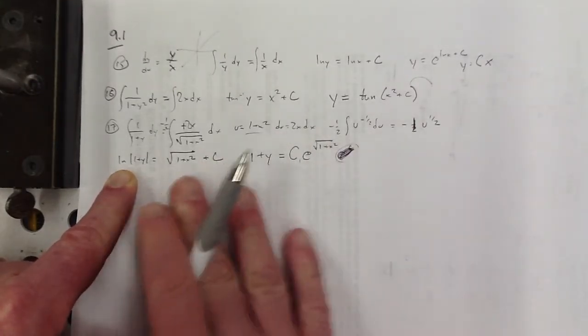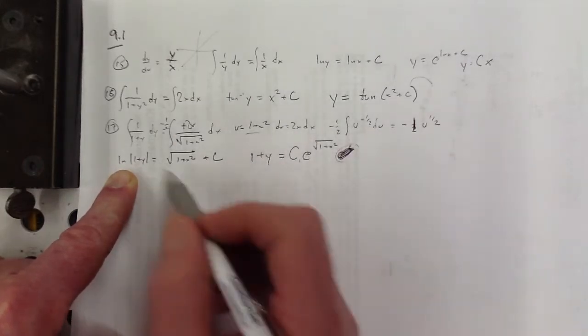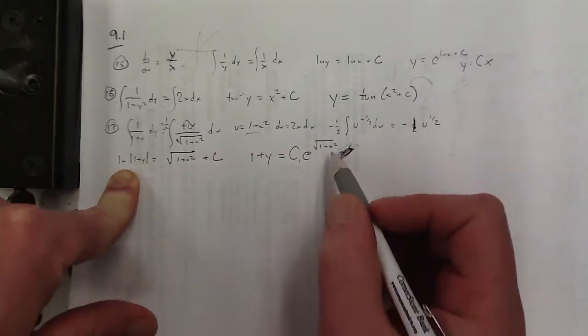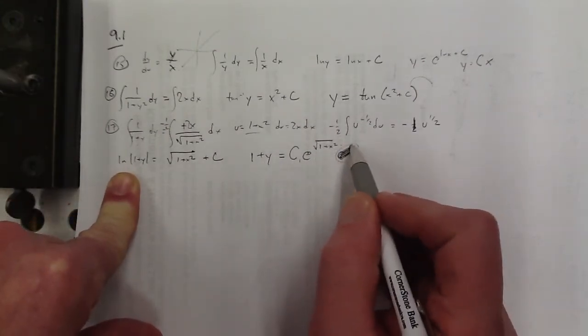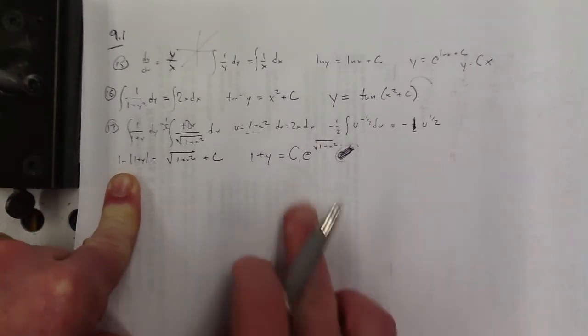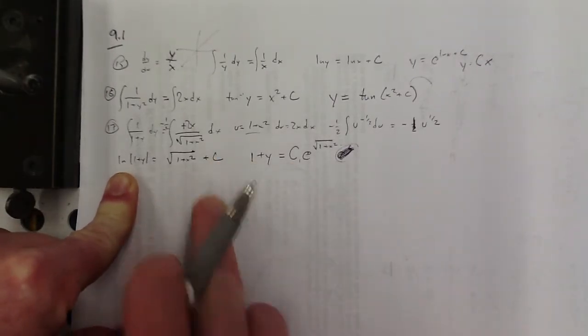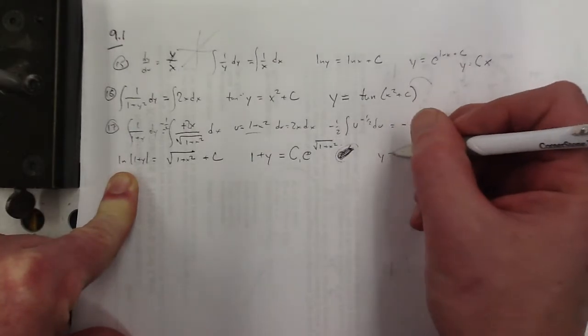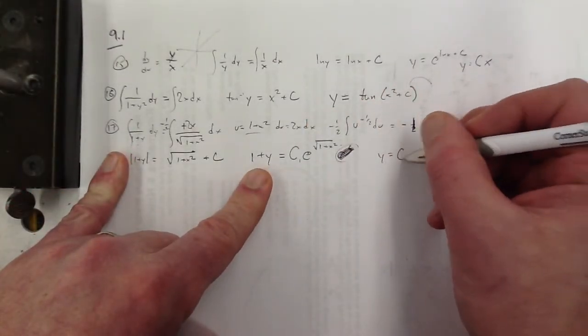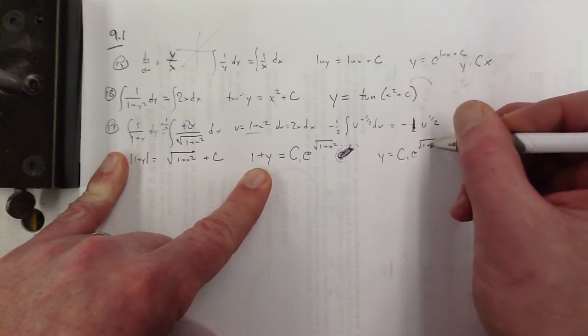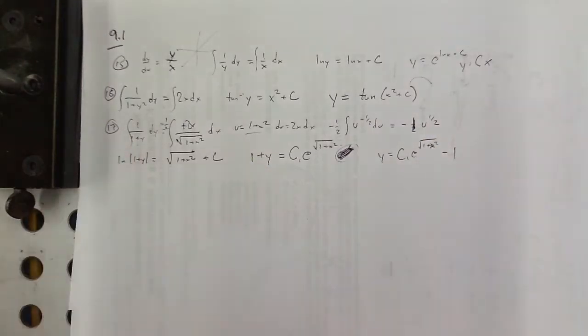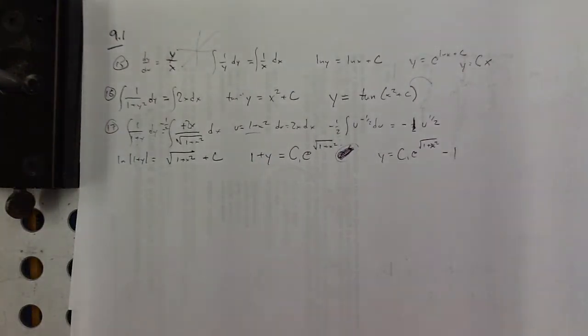When you have the plus c in that exponent, we're going to see that a lot because of the types of differential equations we're going to get good at solving, that can come down as a new constant. I just made a c1 there to keep it straight from this. So finally, y is equal to this c1 times e to the square root of 1 plus x squared, minus 1. Let's check that, make sure that all is okay.